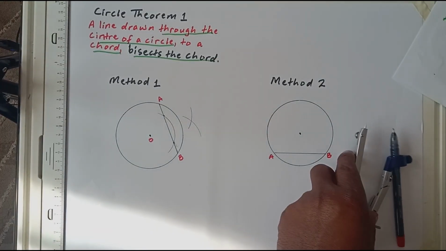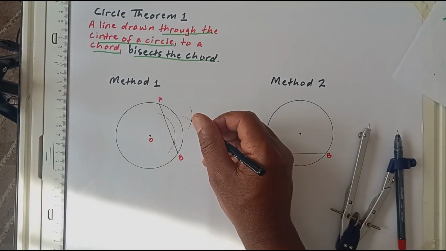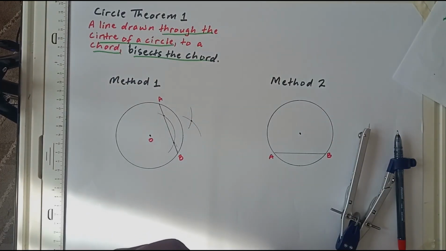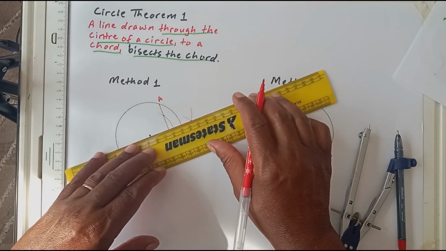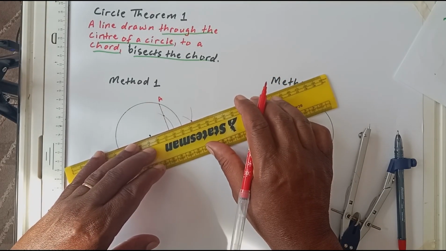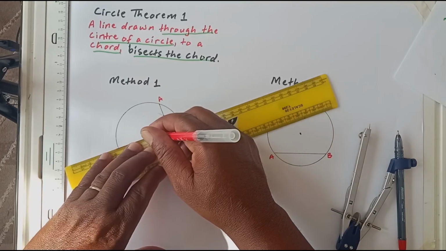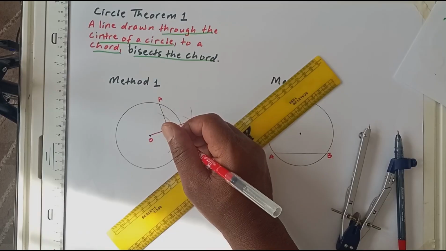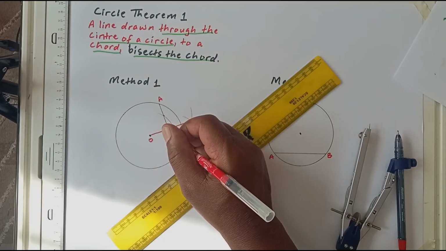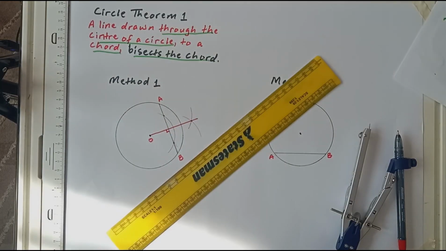Now these two arcs cross each other in this point. Then we should now draw a straight line passing through this crossing point and the center of the circle. This line will for sure be a perpendicular line to chord AB.